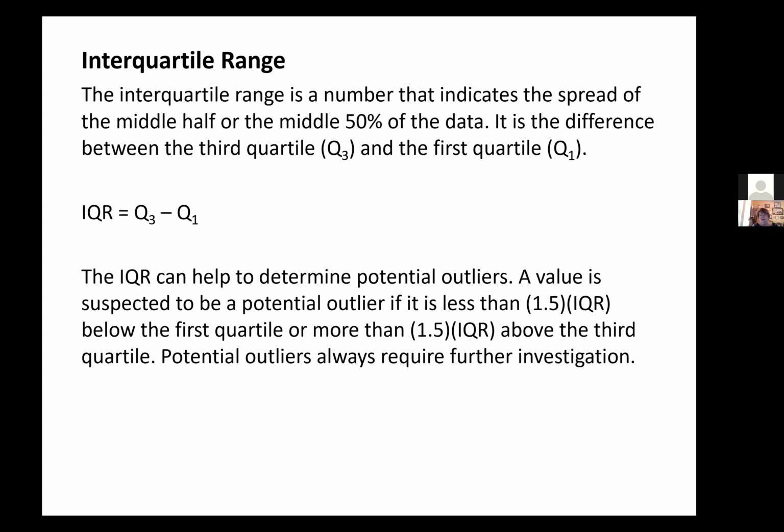The third quartile is the number that splits the second half of your data in half. So 75% of your data is below, 3/4 is below, 1/4 is above. So the interquartile range is just the difference in the third quartile and the first quartile. And we use that interquartile range to determine if you have data values that are outliers. So what we do is we take that interquartile range, whatever that number is, we multiply it by 1.5.